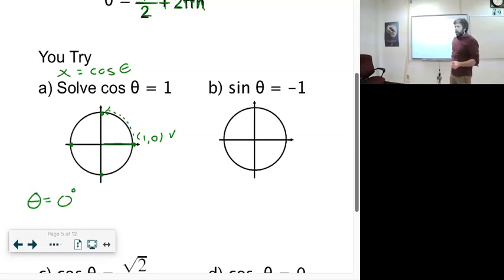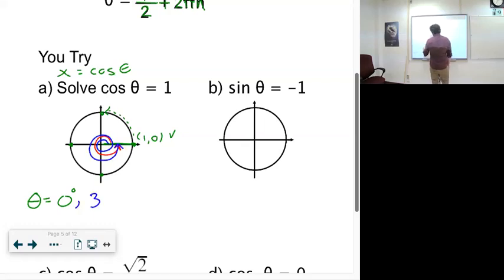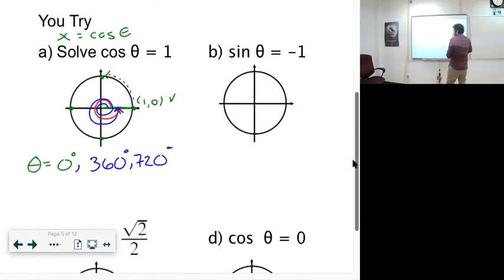Some might not identify it as 0, some might initially identify it as a 360 degree angle, and that's fine too. But remember, every full rotation we go around the circle, there's another coterminal angle that satisfies that equation. So we could go around the circle once, twice. First we have 0 degrees, then 360 degrees, now 720, and we can generalize this using that generalized expression.